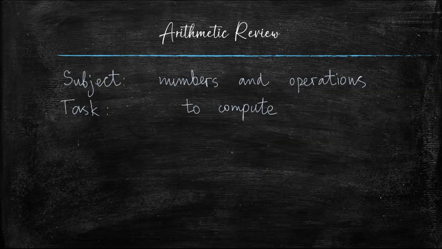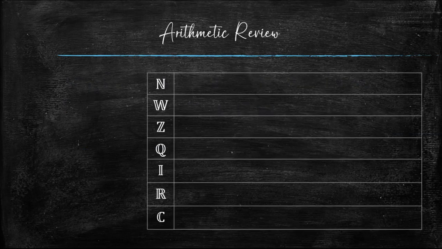And let's start the conversation about numbers. And here I have a list of the symbols that represent different sets of numbers. So let's start with the most basic ones, natural numbers. And these are the numbers that we use for counting, such as 1, 2, 3, and so on.